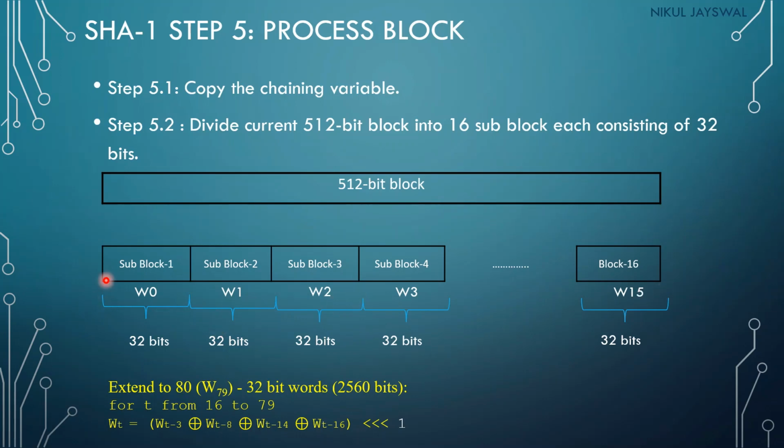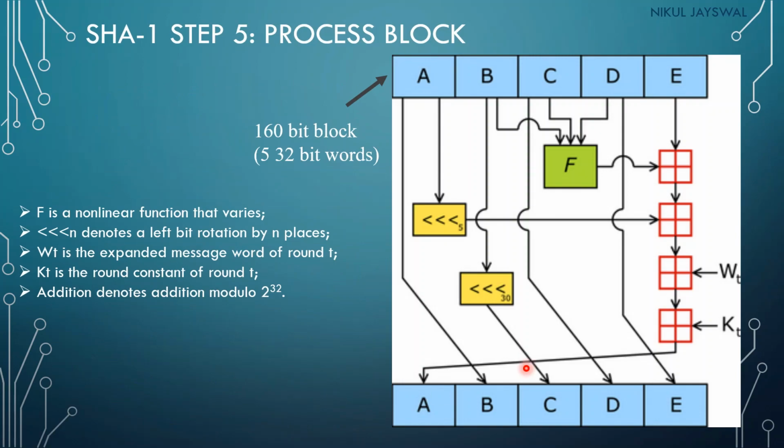We already have word 0 to word 15, 16 words, but to identify the values for words 17, 18, 19, 20, 21 up to 79, this is the function. This you need to remember, and this process block needs to be remembered.